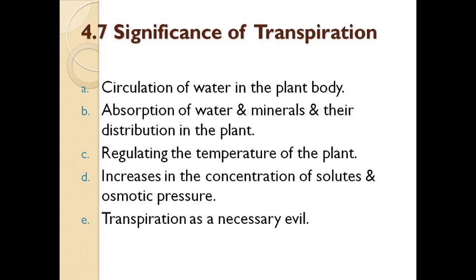Then the next significance is regulating the temperature of the plant. So transpiration plays a very important role in keeping the plant cool. The leaf is able to absorb about 65% of the light that falls on it. Here 10% of the light is reflected from the surface of the leaf and about 25% enters into the mesophyll cell.